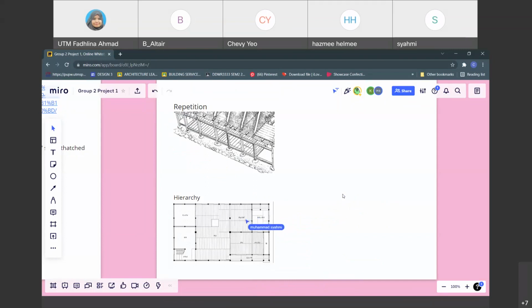I mean, is it the scale? Is it the size, or is it the height of each space? For instance, there is leveling and so on. Spaces differ according to the function. How do you explain the hierarchy of the spaces? Are you talking about the sizes of the spaces, or if you look from the section, perhaps there are height differences between one space and another using leveling?